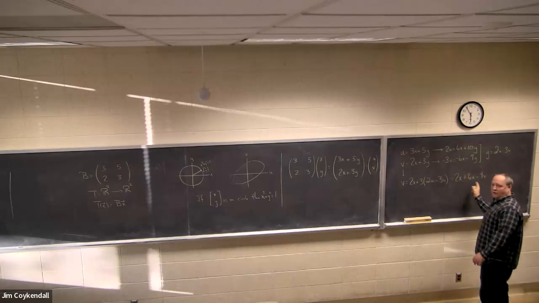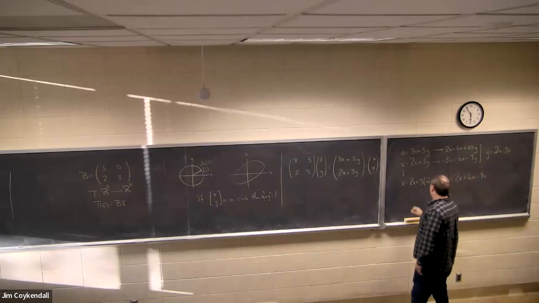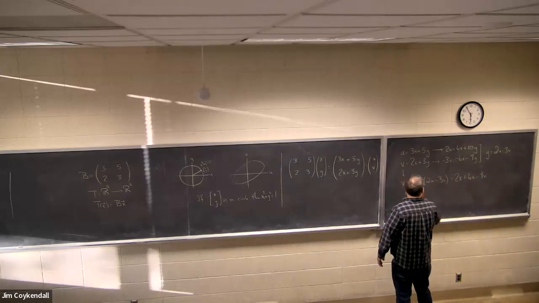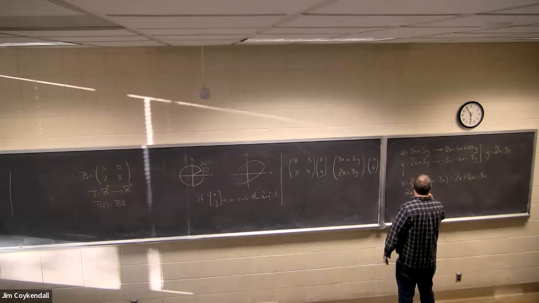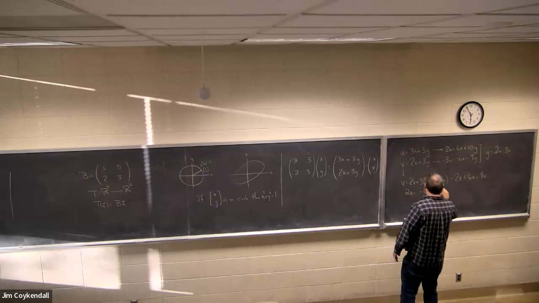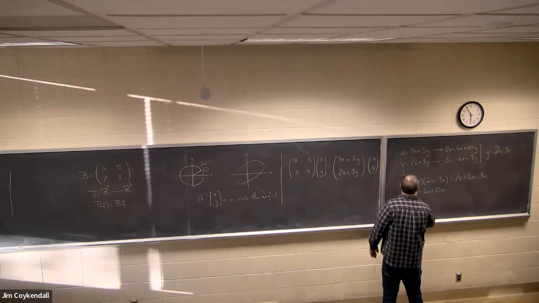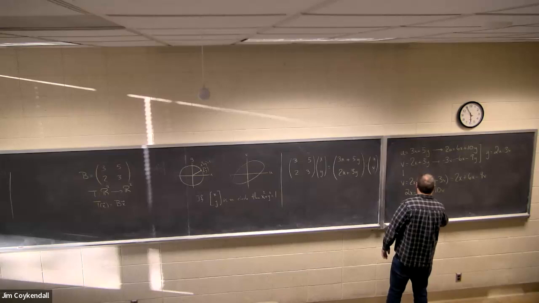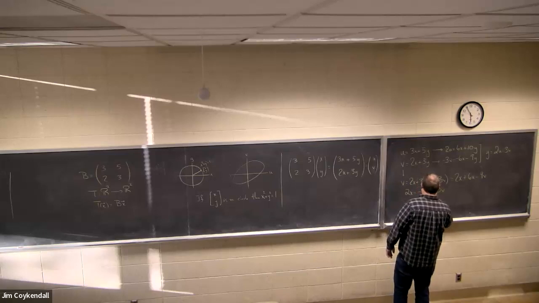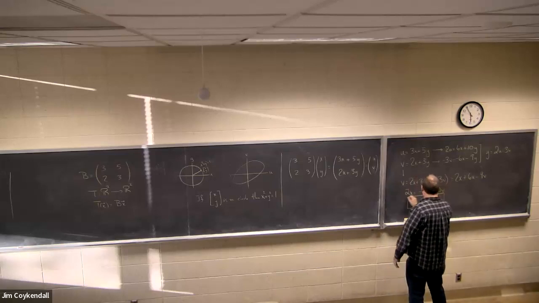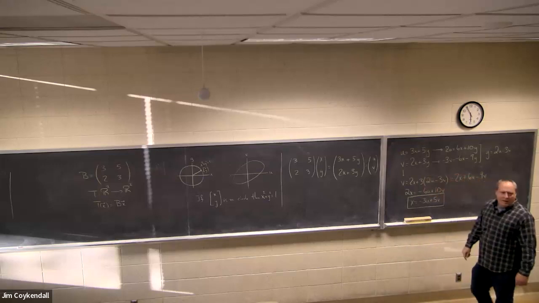So what I get is 2X is equal to minus 6U plus 10V, I guess. So I get X is minus 3U plus 5V.